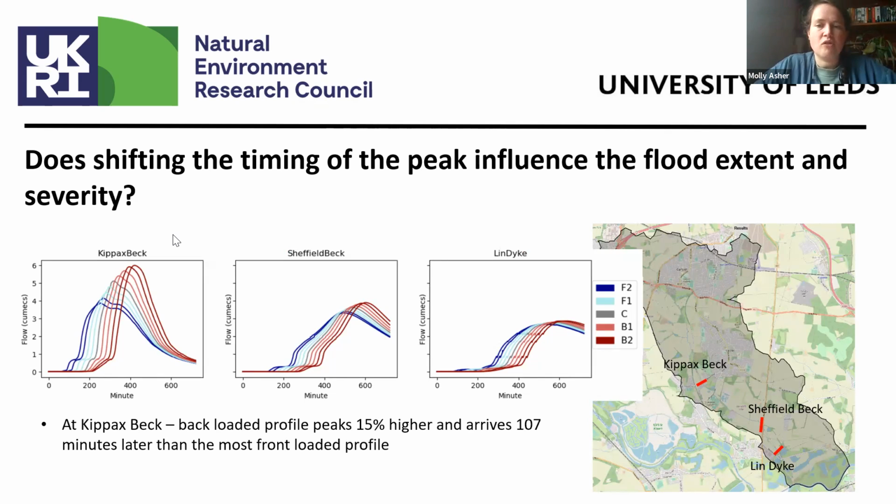So this shows that the flood peak arrives later and peaks higher in the back-loaded profiles, which are again in red, especially further upstream. So the biggest differences are shown for this Kippaxbeck profile. At Kippaxbeck, the most back-loaded profile has a peak which arrives 107 minutes later than the most front-loaded profile, and it also peaks 15% higher.